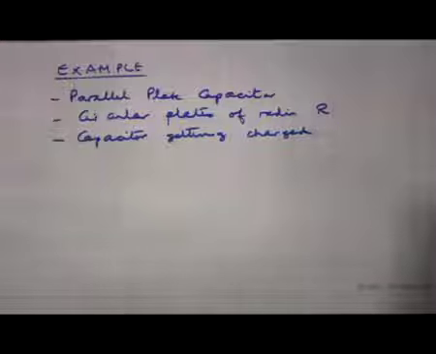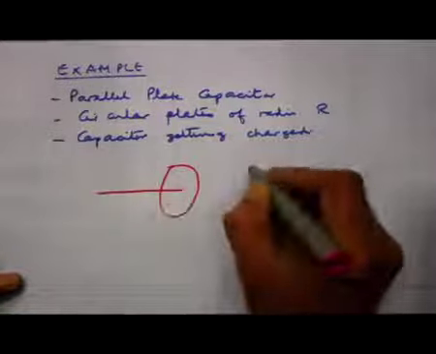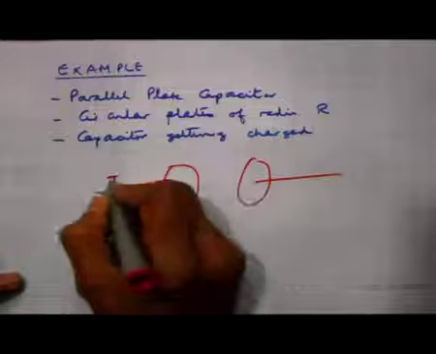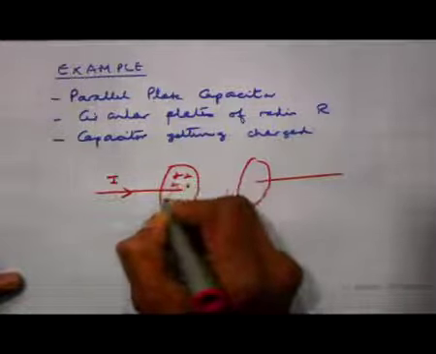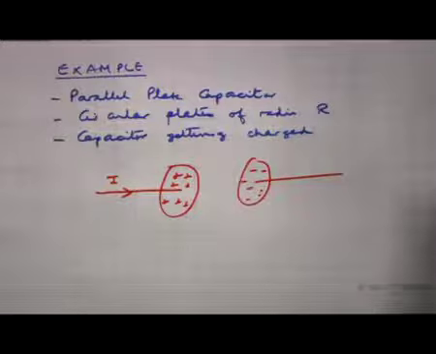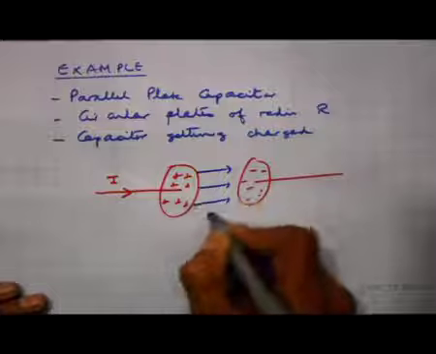So, let me draw the two capacitor plates. That is one plate here, another plate, and so current is flowing like this, and this is accumulating positive charge here, and this is accumulating negative charge here, and there is an electric field between these two.